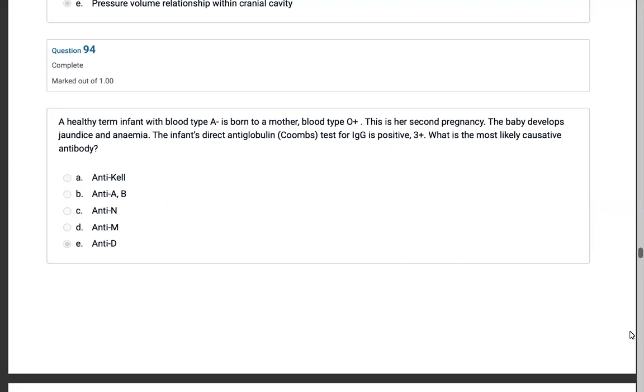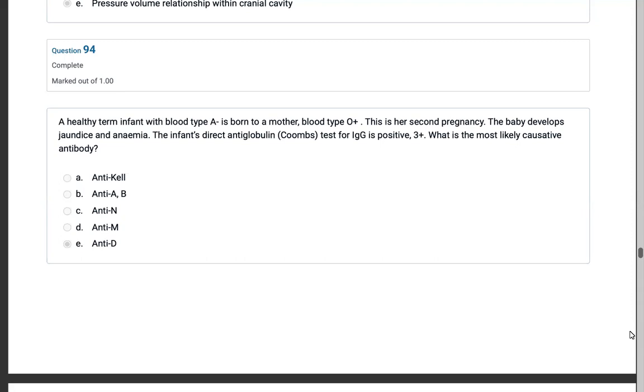In this case, the mother is lacking the antigens A and B. And as a rule, if you lack the antigen, you have the antibodies. If you have the antigen, you lack the antibodies. So the mother is lacking A and B, and hence she's going to have antibodies against A and B. What about rhesus?